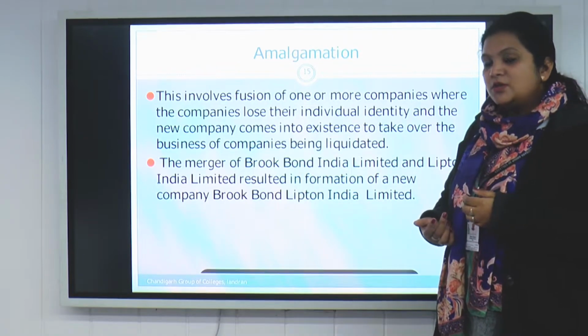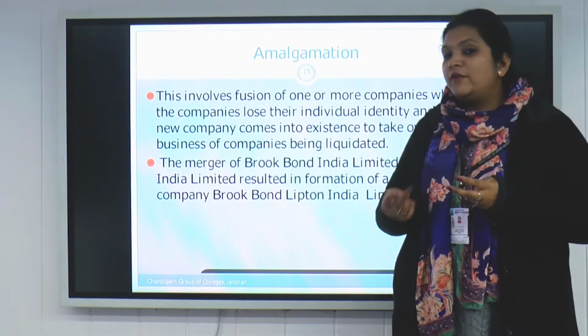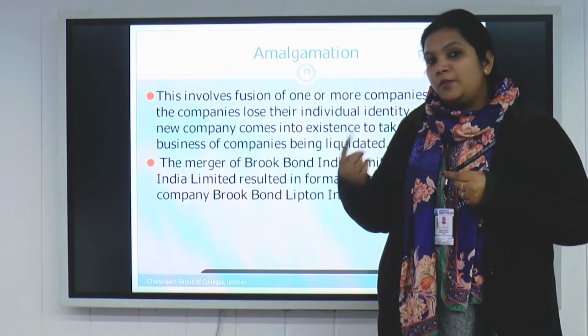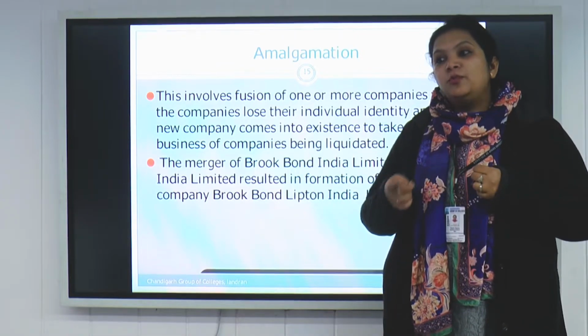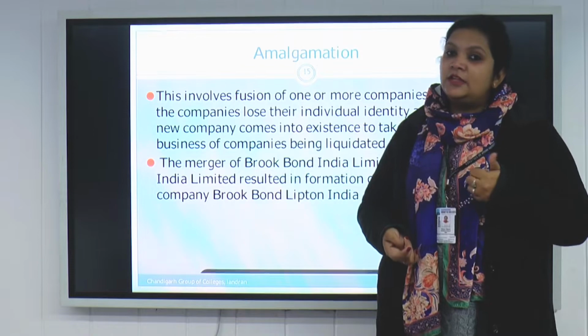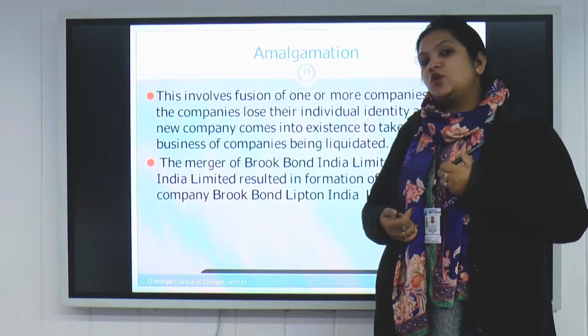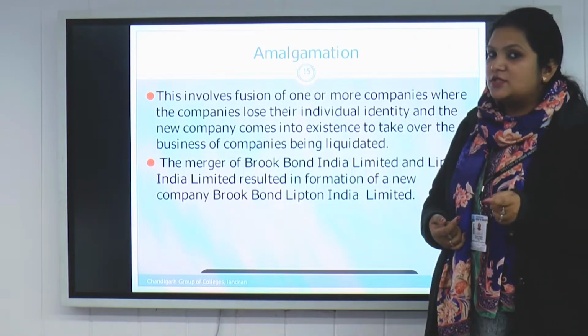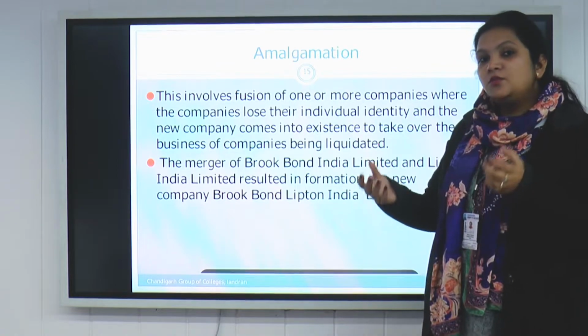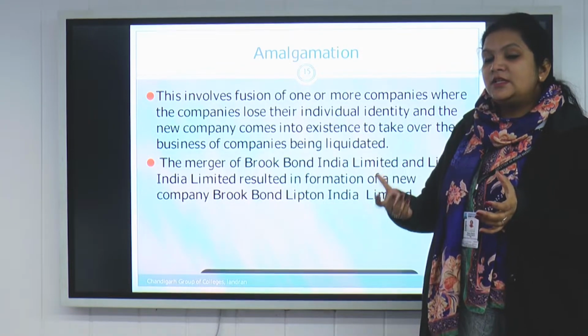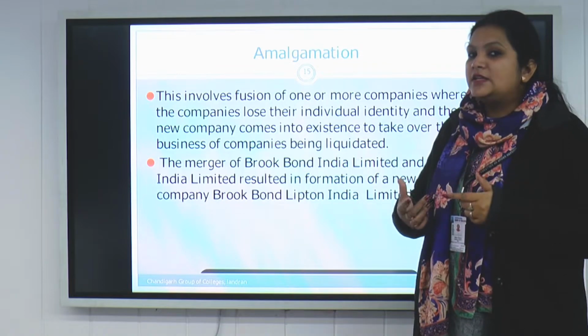While mergers could be a two-way process, it could be A and B forming C, or A and B taking the name of either A or B. But if we talk about amalgamation, it is the first concept only, that both the companies lose their identity and they form one single entity.